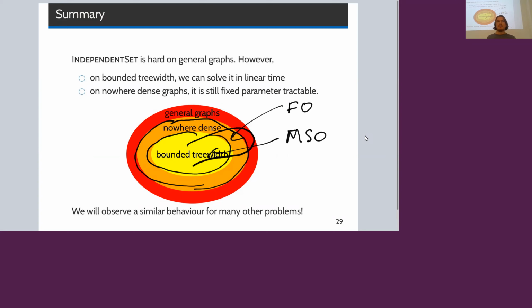So twin width contains some very general expander graphs that are not covered by the notion of nowhere denseness. On the other hand, twin width does not contain even all graphs of degree at most 3. So it's a little bit strange, but it's very interesting. And this is a big open question so far, how to incorporate it.